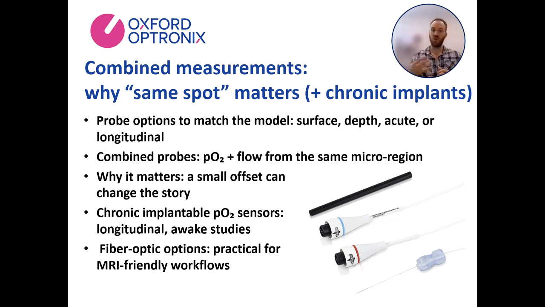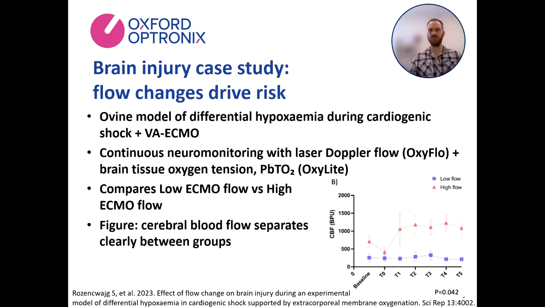And for longitudinal work, chronic implantable PO₂ approaches are an option too, especially for awake recordings over time. Finally, because these are fiber optic measurements, there are practical MRI-friendly workflows too, depending on the study design. Okay, so with that foundation, let's jump into a few case studies and look at real data sets.